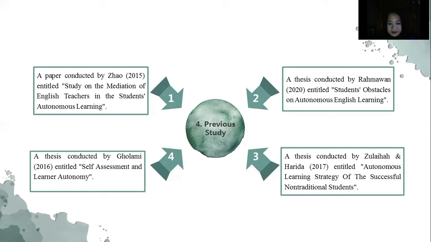So in this research, the form of Golami's research is an experiment, while the research that will be carried out by the researcher is an analysis of the extent of the autonomy level of EESP students.